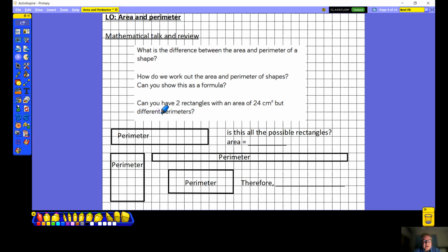So we had, can you have 2 rectangles with an area of 24 centimeters squared, but different perimeters? How did you tackle this? I've had a little go myself. So knowing that that was 24 centimeters squared, I remember that if we do the factors, let's just go back a little bit.